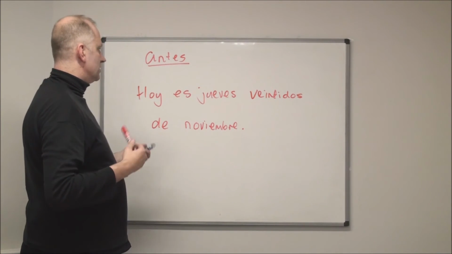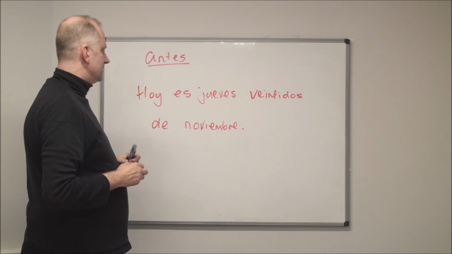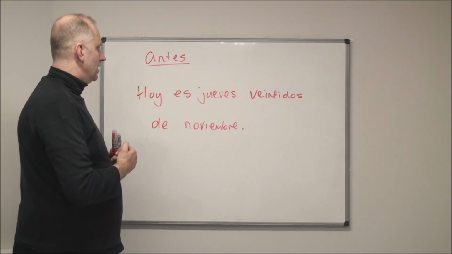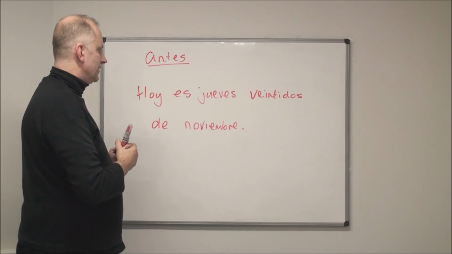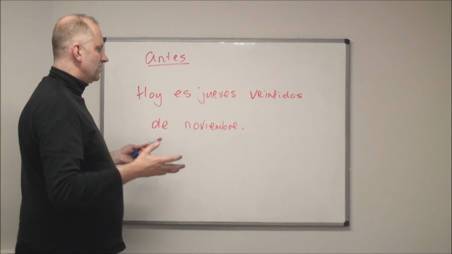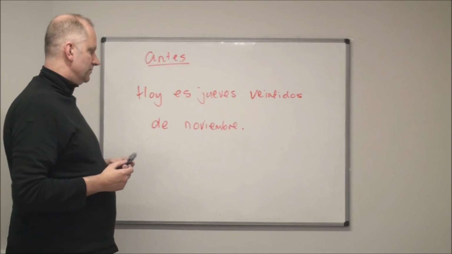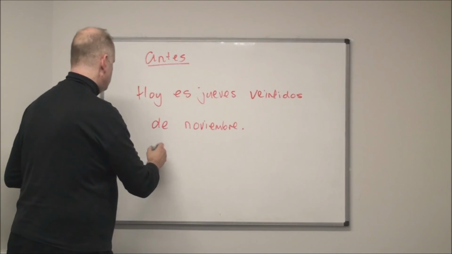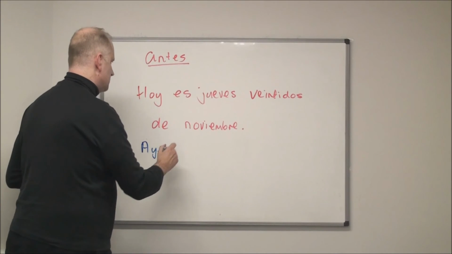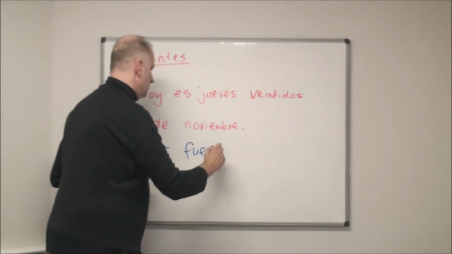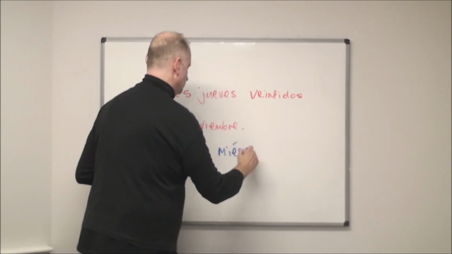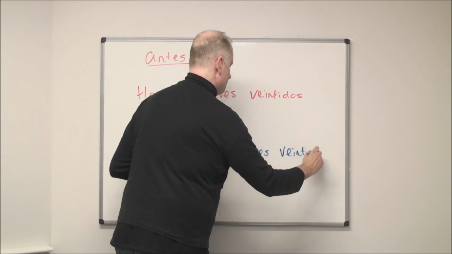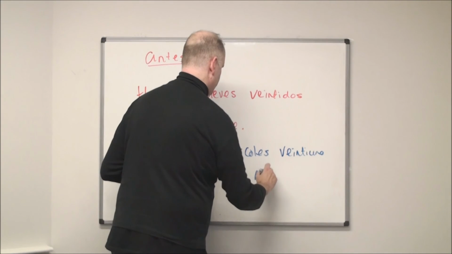So you can have a go at thinking of some other dates. You can think of perhaps your birthday. Obviously, you might not know which date it falls on this year, but you can think of what today's date is. For example, yesterday, ayer fue miércoles 21 de noviembre.